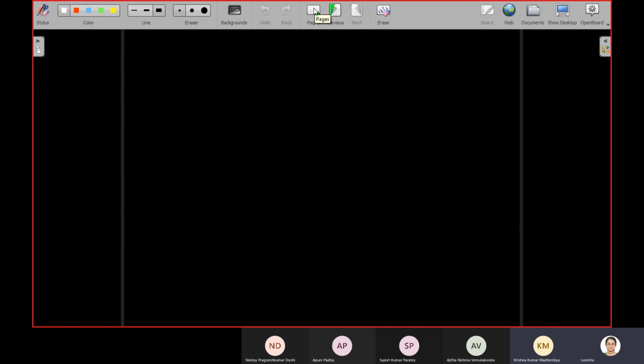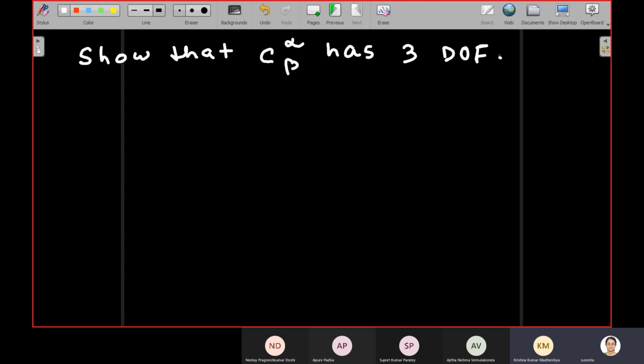Next, you have an exercise. Show that a coordinate transformation matrix, instead of writing coordinate transformation matrix, I just use C beta alpha, has 3 degrees of freedom. What do I mean by this?